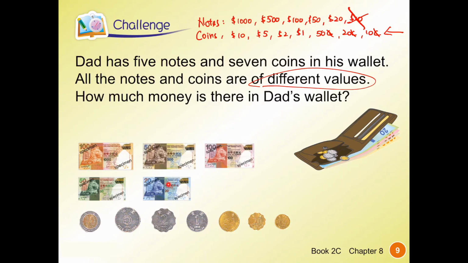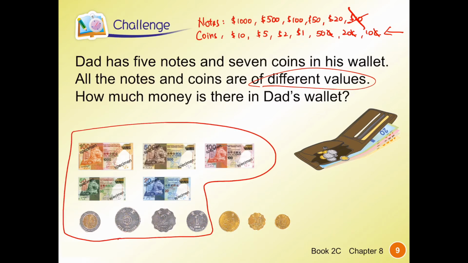So let's try to add up the value for all the notes and coins. So let's divide the money into dollars and cents first. So here's the dollars part, the cents part.